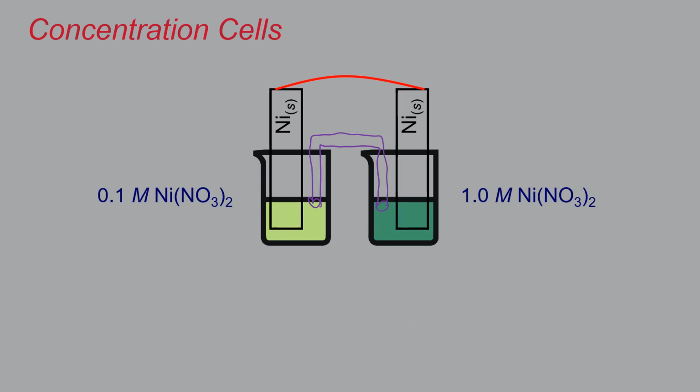So again, let's analyze what's going on in this cell here. On the left-hand side, we've got nickel becoming nickel ions. And whoops, there's a mistake here. Let me fix this.